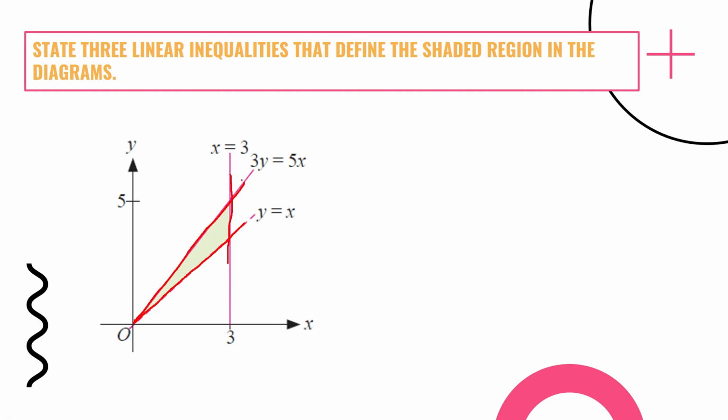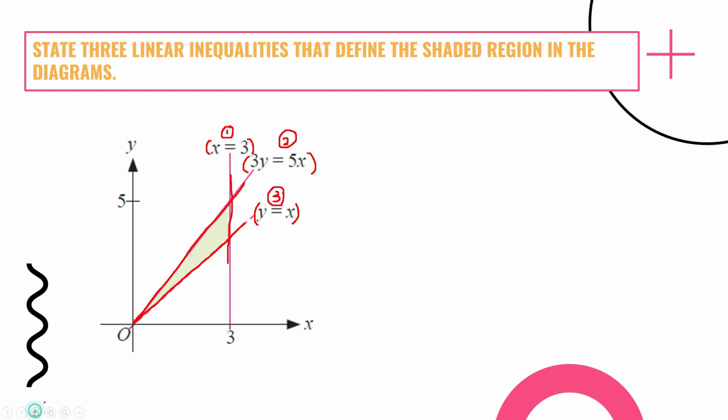I will label this as my first equation, which is x equal to 3. This straight line is represented by the second equation, which is 3y equal to 5x. And then our third equation is this straight line, which is y equal to x.